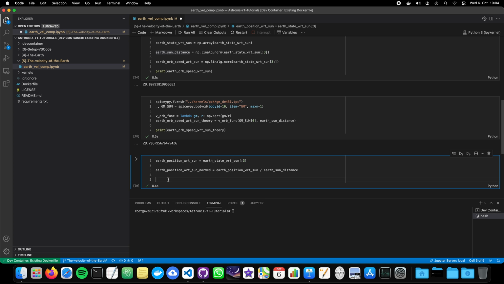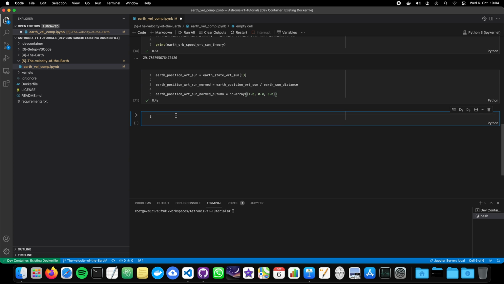But since we are already normalizing our vectors, the norms are basically 1, so we simplify things. What is the position of the Earth at autumn, normed? Well, it's simply 1, 0, 0. So this is our second vector.